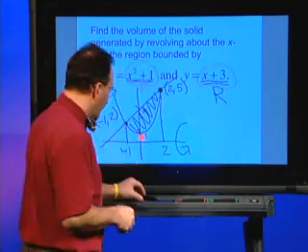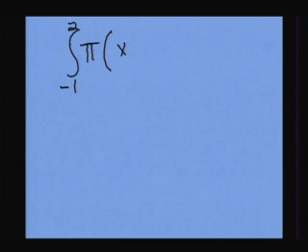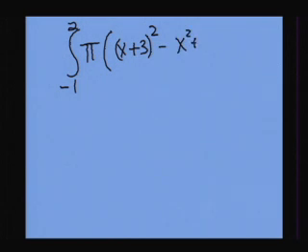So now, let's set up that integral. So we have the integral from -1 to 2 of pi times capital R squared, so (x plus 3) squared, minus little r, (x squared plus 1) squared, and that's all with respect to x.